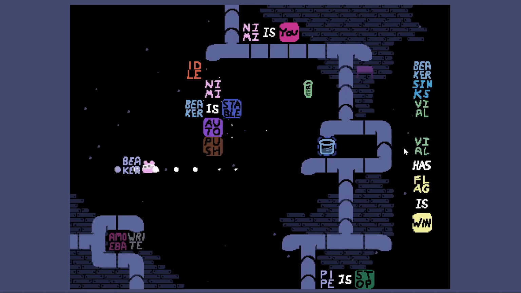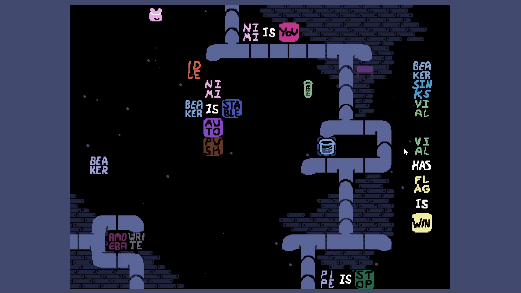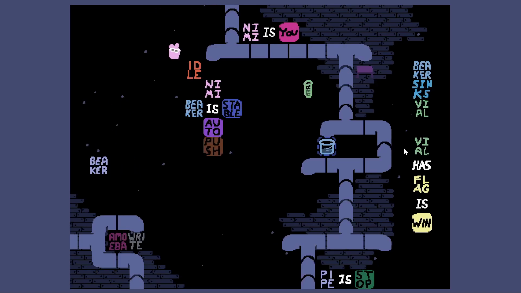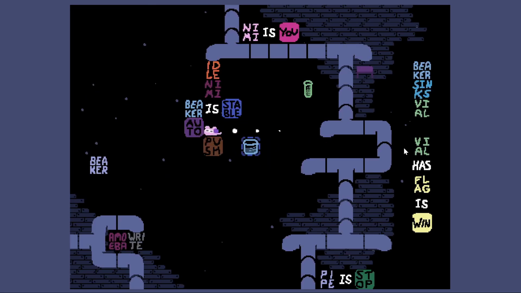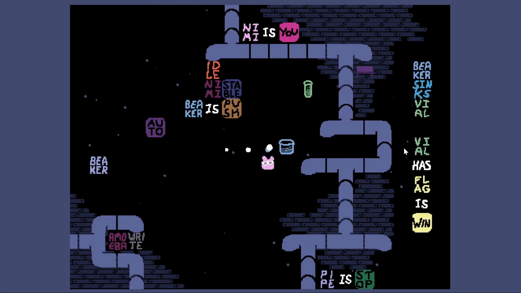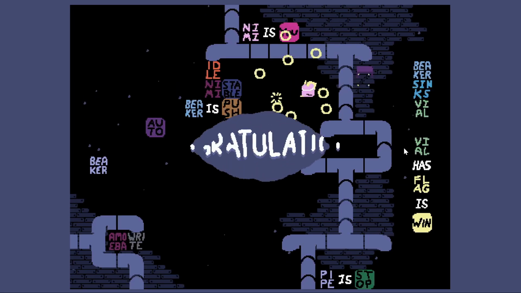Whoa. There you go. Which means now I can finally turn face this way and idle to push it out. Awesome. So now we can sync that and get on the flag to win. Cool level.